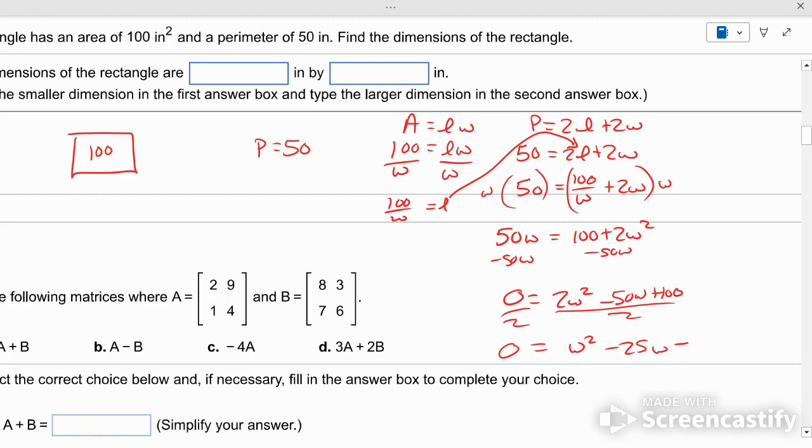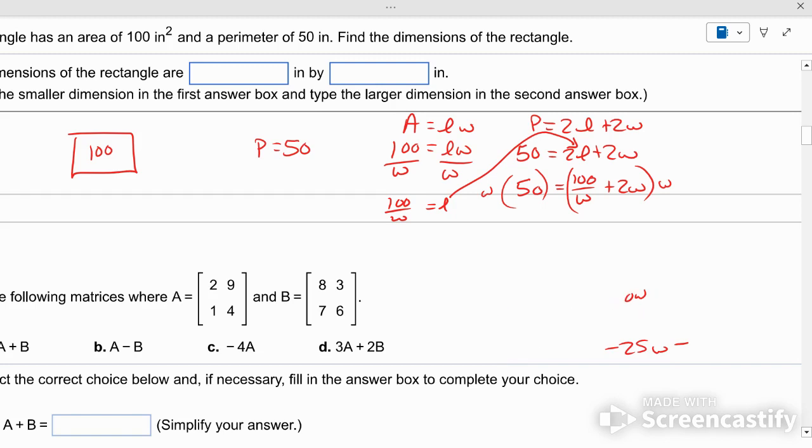Oh, yeah. Boy, I'm just off. Thanksgiving just killed my math skills. So I need 2 times 100 over W, right? Yeah. So it's 200 over W. So 50W equals 200 over W plus 2W.